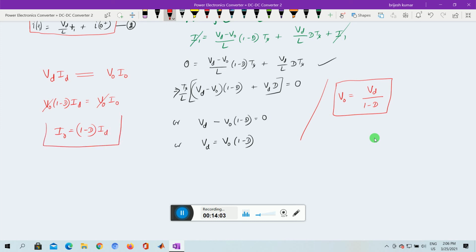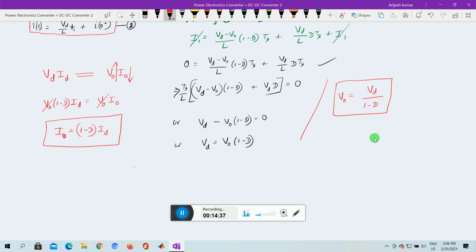What we observe here is that it is a boost converter: the output voltage is boosted up, but at the same time the output current is bucked, the output current is decreased. That is to be kept in mind: we are increasing the output voltage and indirectly decreasing the output current, that is, a current buck converter.